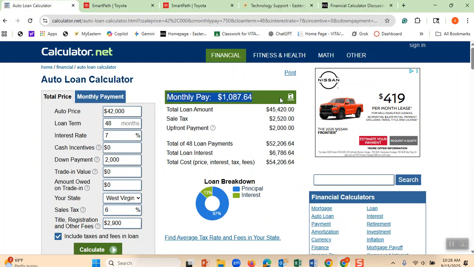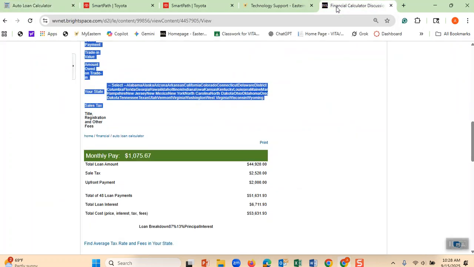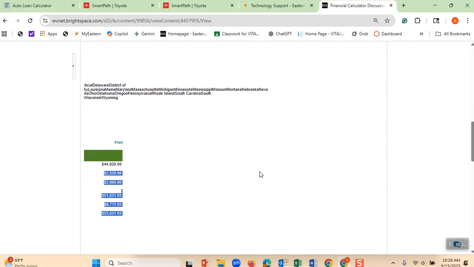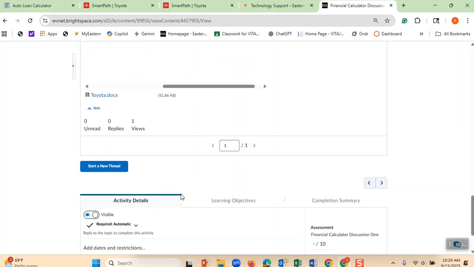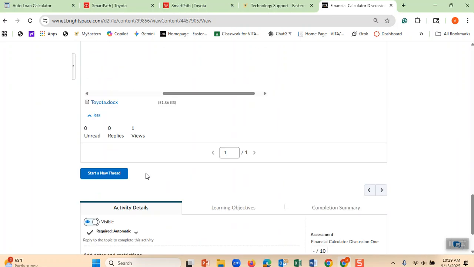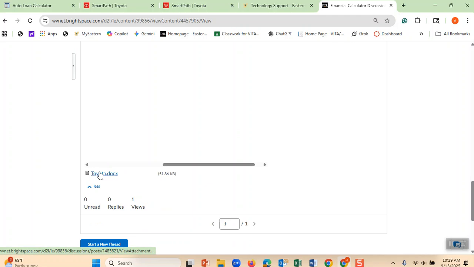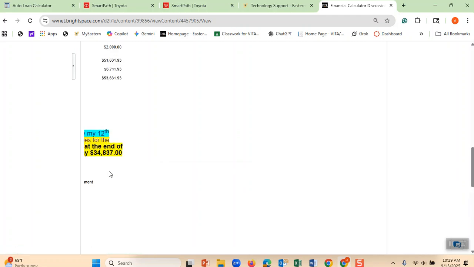Do you see monthly payment is here? It copied it here. And then it shows the total amount I am borrowing, my taxes, everything. And then if you scroll down, let me go back again. I don't know why the screen came. Let me click here. And then if you look, everything is there. And even the attachment is there. Do you see I attached my Word document?